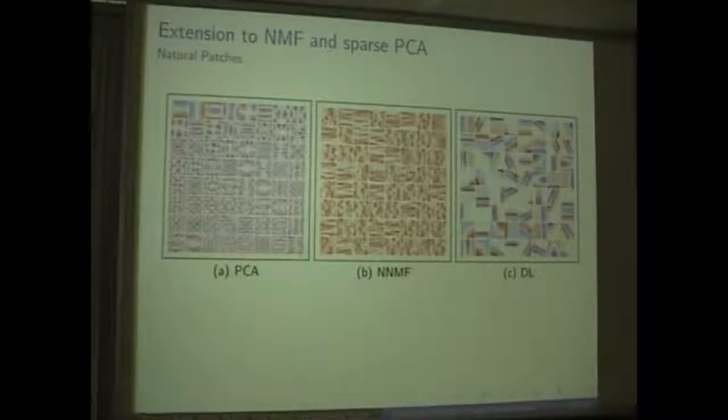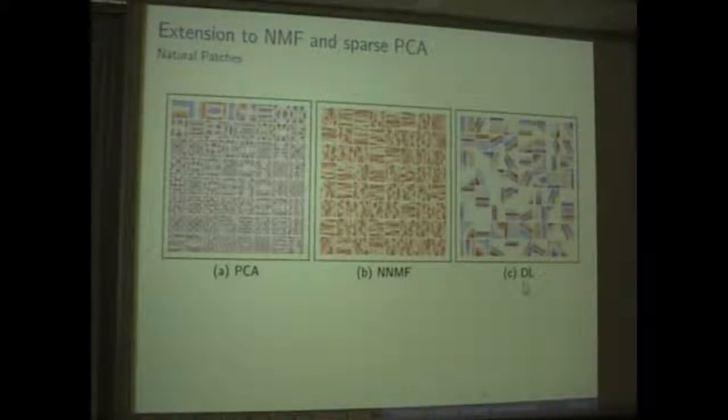If you use non-negative matrix factorization, which is very similar to PLSA, you get differently looking patches, and the difference will be more striking if we use faces rather than natural patches. And finally, here are the basis functions that are learned with dictionary learning. Note that here there was no constraint on the dictionary or on the matrix B itself.